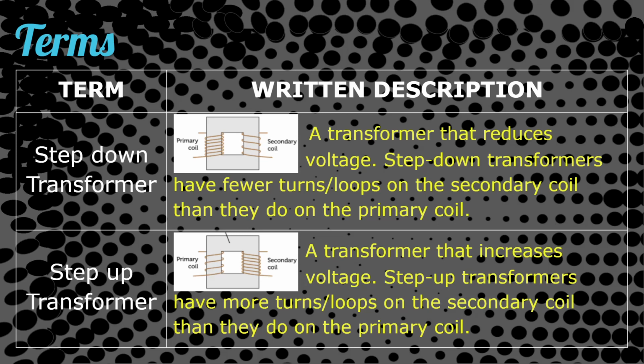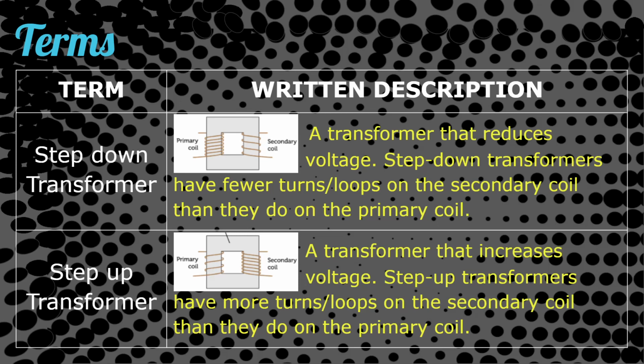In that secondary coil, you're going to get the induction of current, but if you have fewer windings on that coil, you're going to have less voltage than you started with. The opposite is also true. If you have fewer windings on the primary side and more on the secondary side, then you're going to generate more voltage than you started with. And so you can use a transformer to step up or step down your voltage by means of electromagnetic induction.